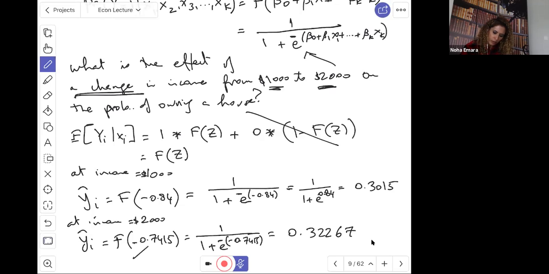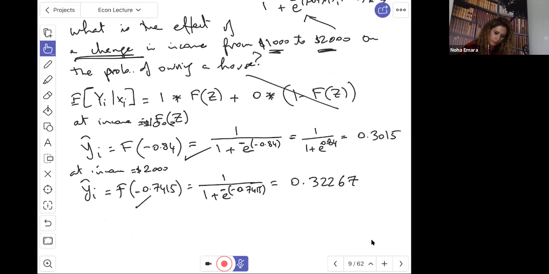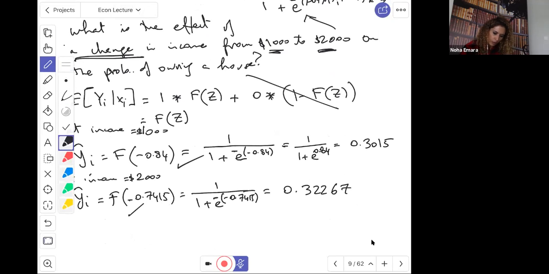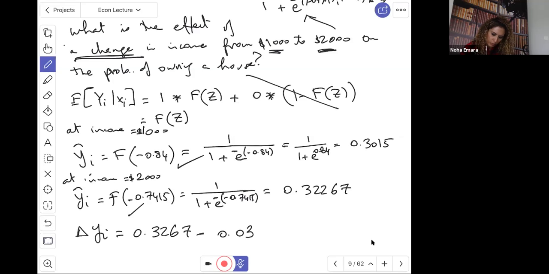So I have to take this and subtract it from this, right? So your answer would be the probability of owning a house for the change in income from 1000 to 2000 is 0.3227 minus 0.3015, which is equal to 0.0211, right?